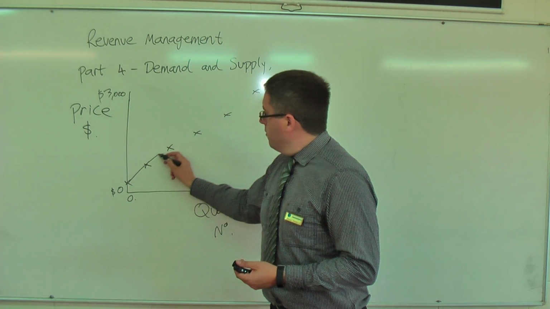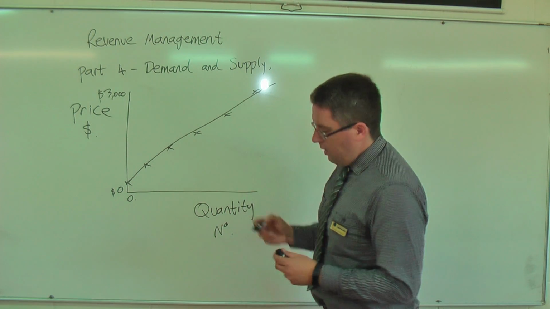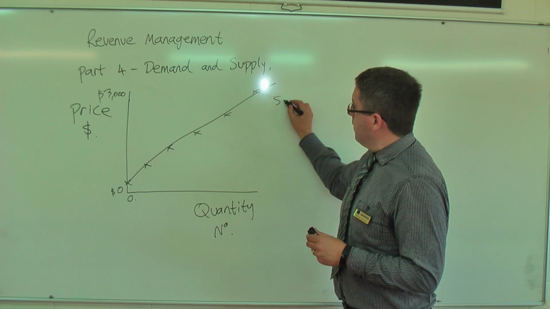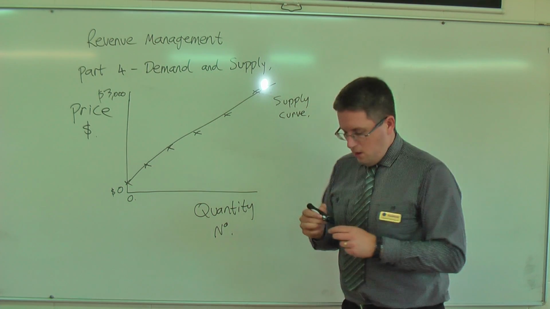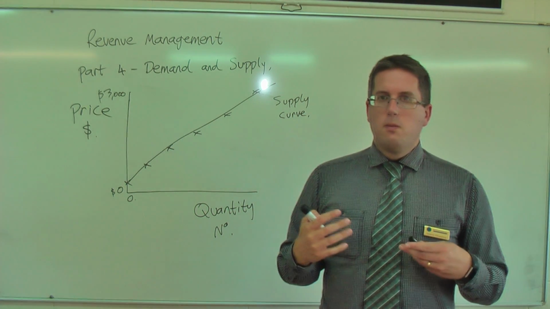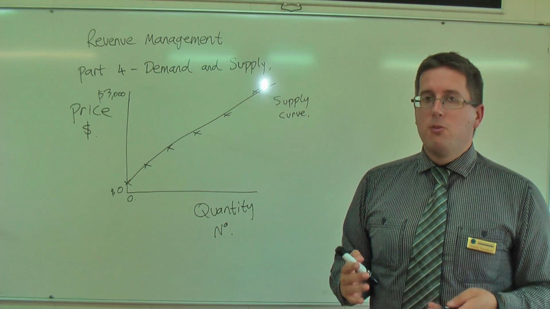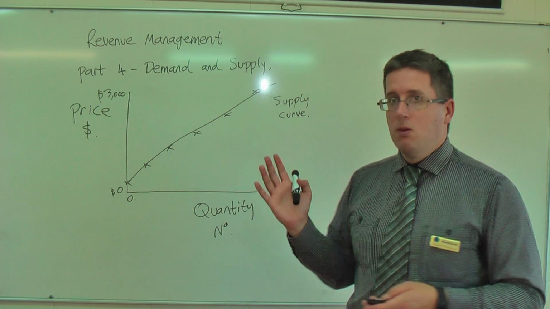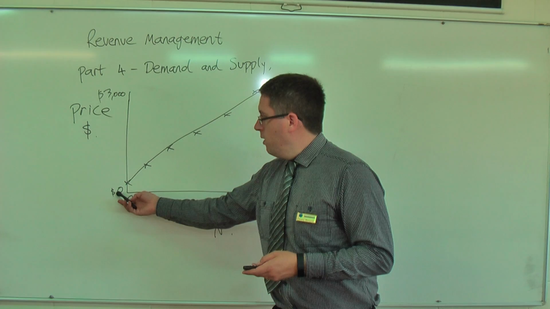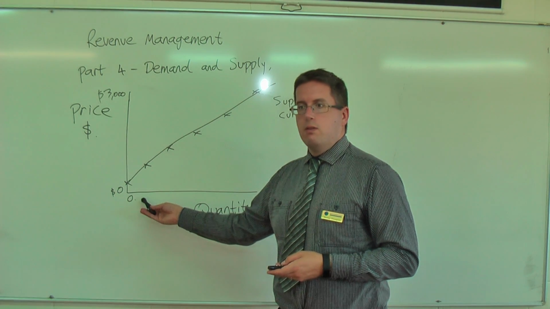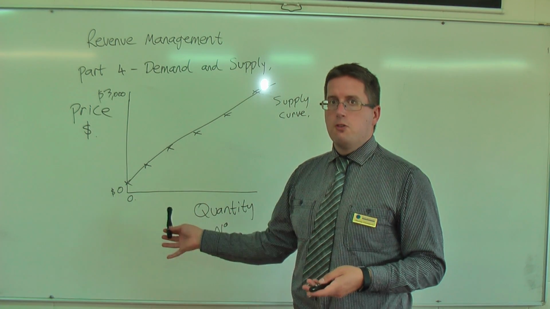So the supply curve actually goes something like this. So this shows the motivation level at each price point to supply the market. So at a low price, there's no motivation, there's no profit in them because they've got costs they have to do.